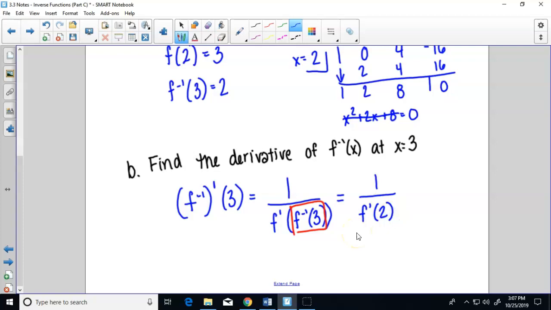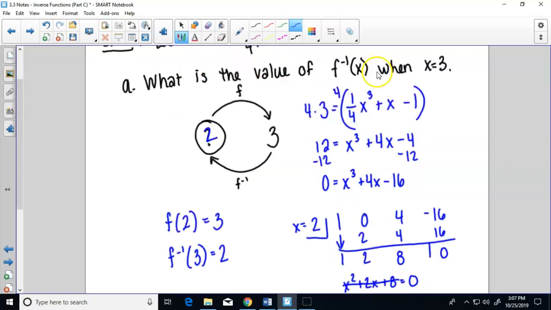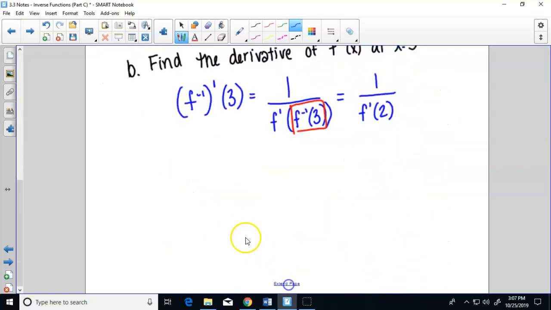I don't know f prime of 2, but I know f of x is 1/4 x to the third plus x minus 1, and that's pretty easy to find the derivative of, right? So f prime of x equals 3/4 x squared plus 1, and then you'll just have minus 0 for that last part. So that'll be your derivative.